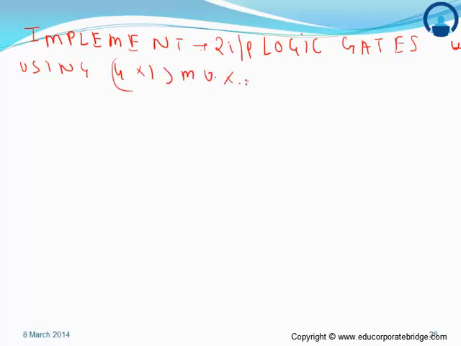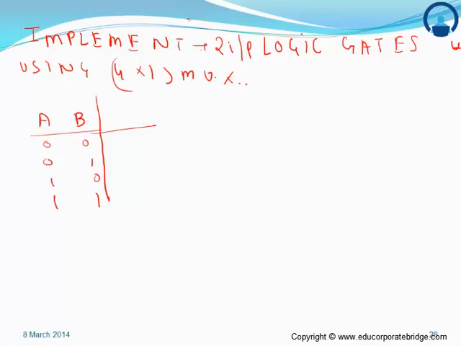Now here we have A and B as select lines. Let's take A, B, inputs 0 0, 0 1, 1 0, 1 1, and fill in the output.